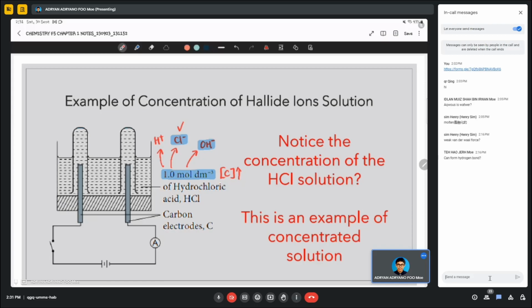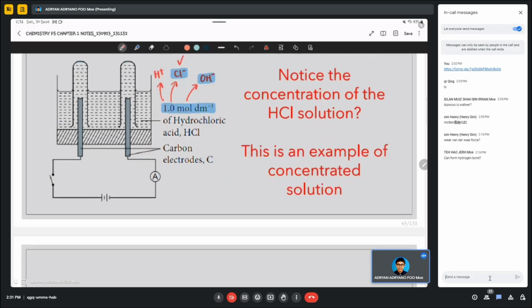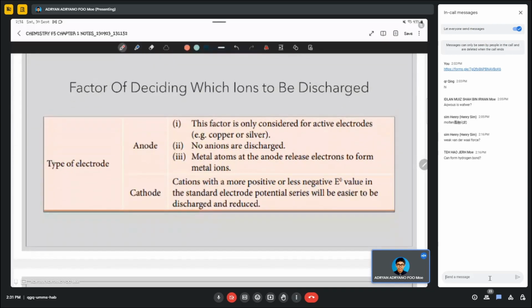Alright, next, the last type of electrode. Here you will learn active electrodes.